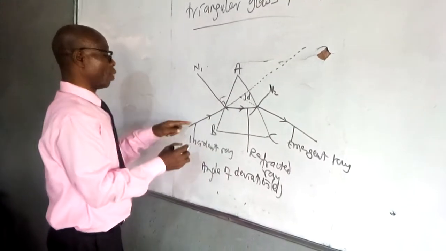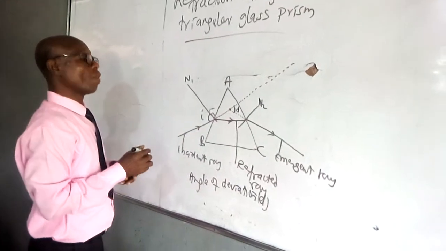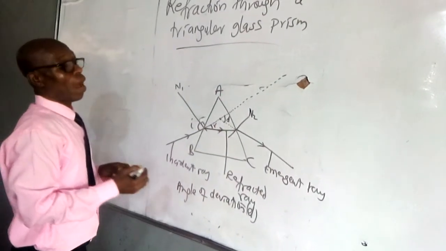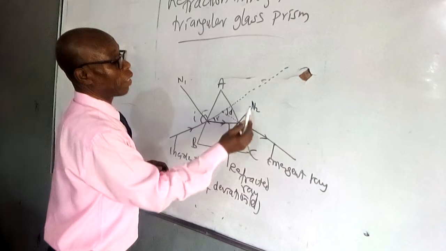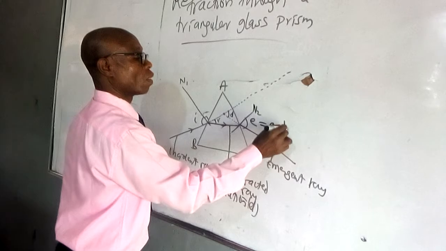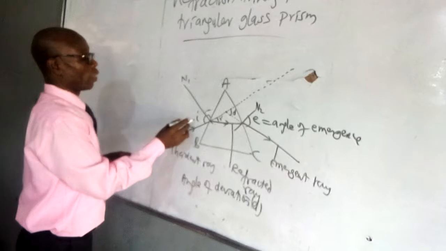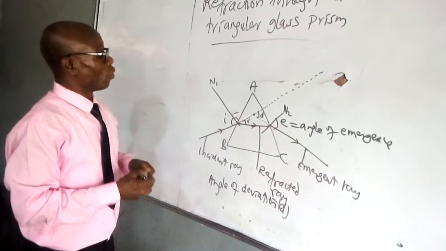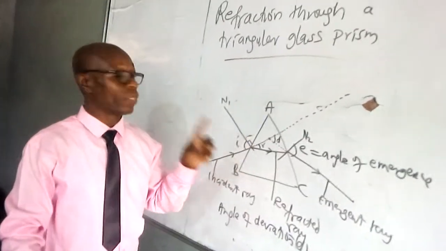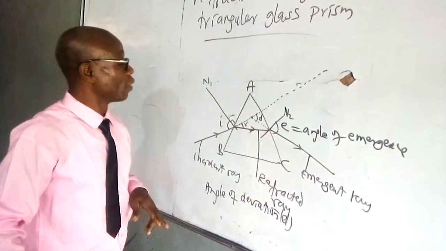So this angle here between the incident ray and the normal is the angle of incidence, I. This other angle here is the angle of refraction, R. The angle between this emergent ray and the normal is known as the angle of emergence, E. So, at a particular angle of incidence, it will produce a particular angle of deviation and angle of emergence.